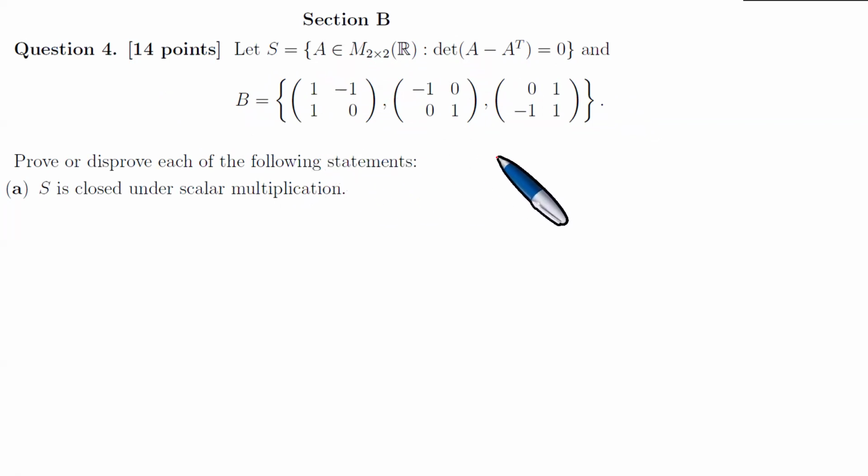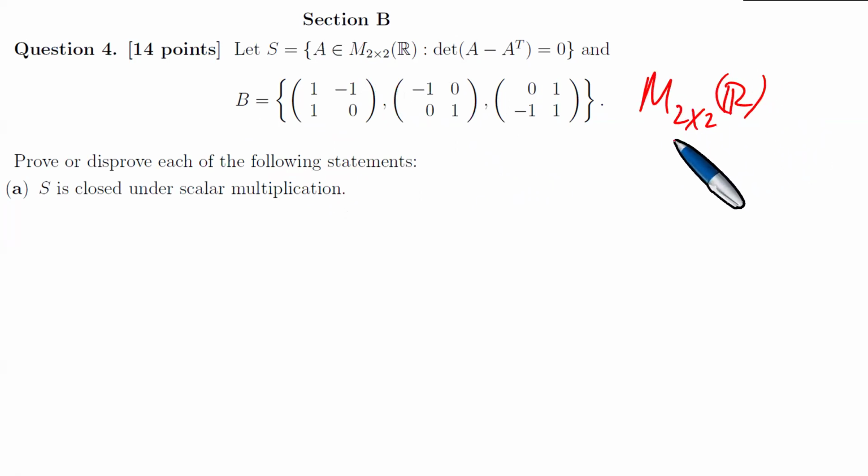Now, looking at this question, the set B has how many matrices in it? It has 3. But when you say M2 by 2, it means a vector space of dimension 4. The dimension is always the product of these numbers.